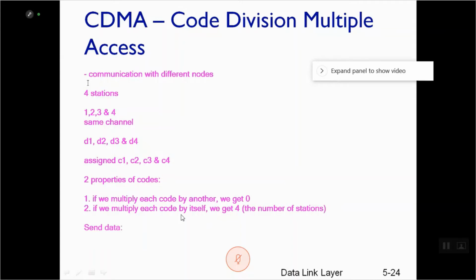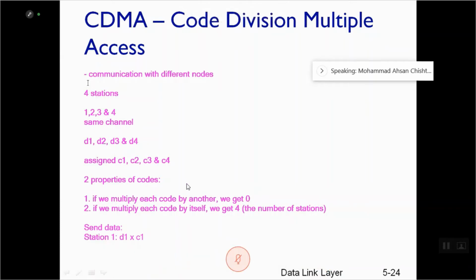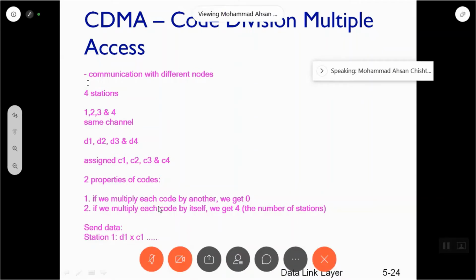What does station 1 do? It multiplies data by the code. Data is D1 multiplied by C1, and so on. Station 2, D2, C2, station 3, D3, C3, station 4, D4, C4. Now, how does data go in the channel?